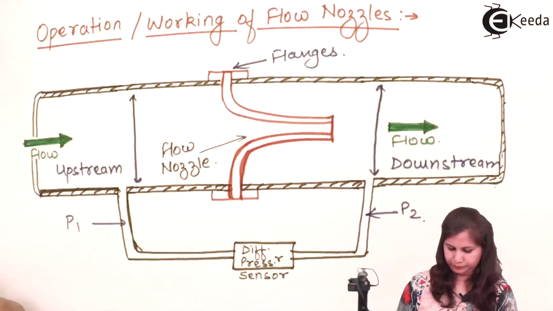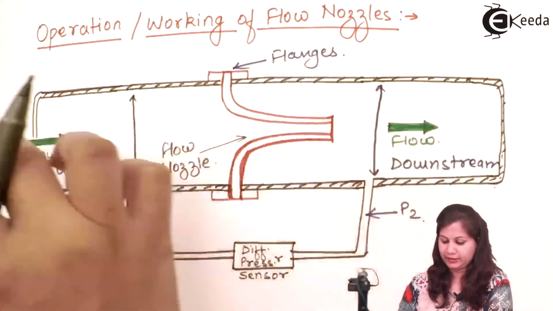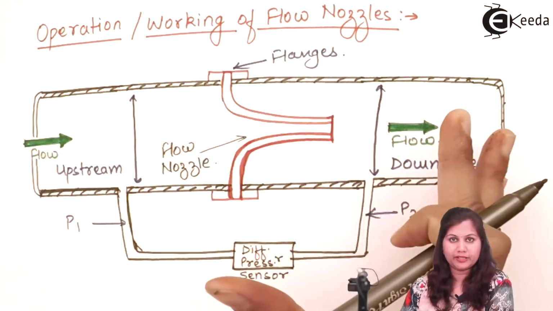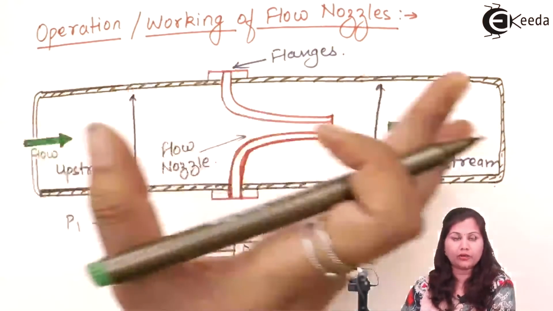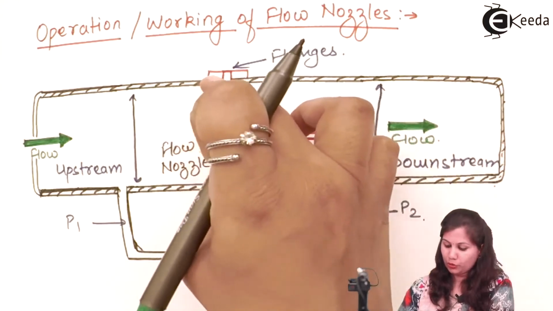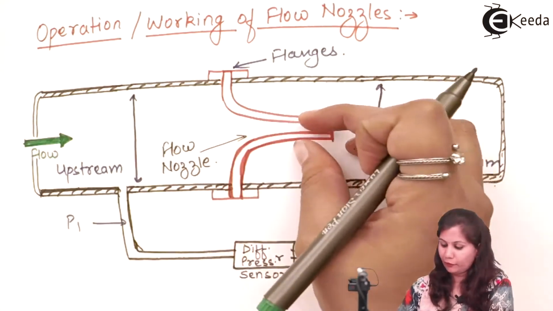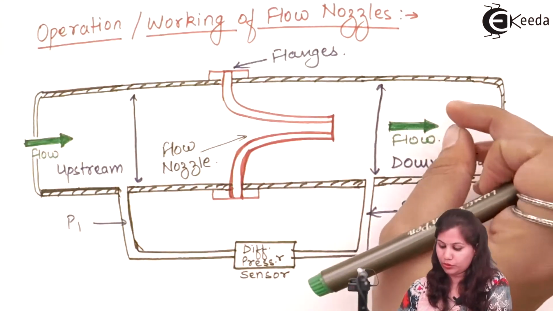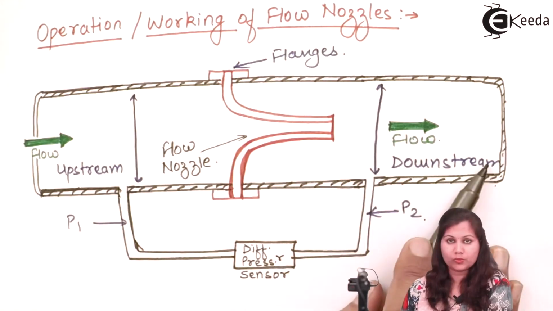So when this flow nozzle, you can see that this is the pipe in which the fluid is flowing. This arrow is showing the direction of flow of the fluid. So from this converging part the fluid is entering, and from the throat it is coming out. Now this is the upstream, this is the downstream.